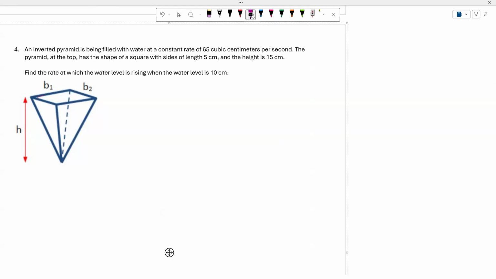In this case right here, we know that these B1 and B2 are the same, with the side of length 5 cm and the height is 15 cm. We would like to find the rate at which the water level is rising when the water level is 10 cm.